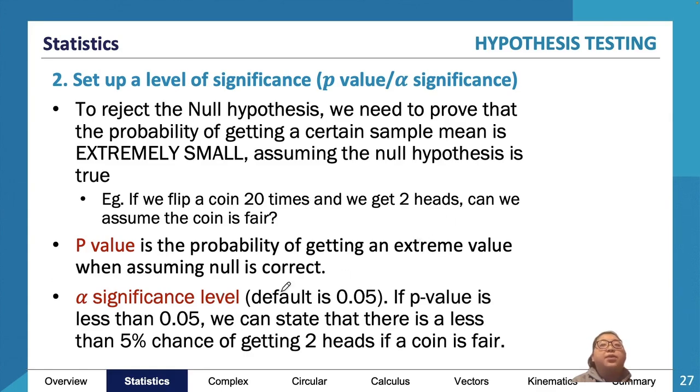Normally the significance value is 0.05, and if the p-value that we calculate is smaller than 0.05, we can state that there is less than a 5% chance of getting that value, and at that point we reject the null hypothesis because it's too unlikely that a random sample we picked is in that 5% range.